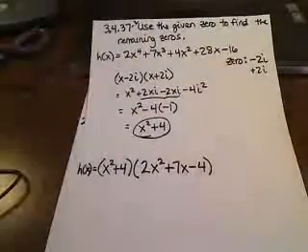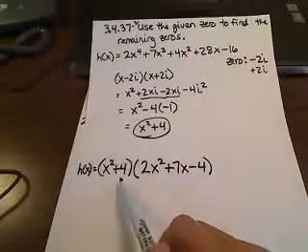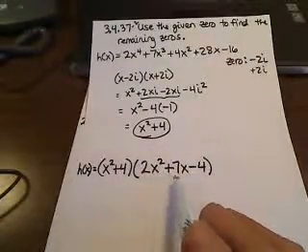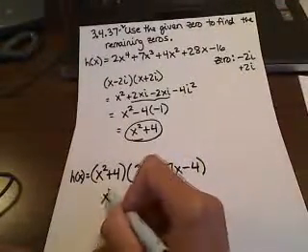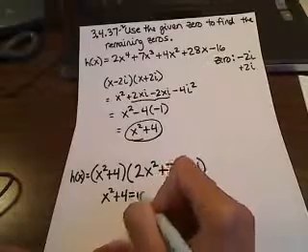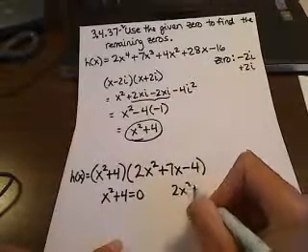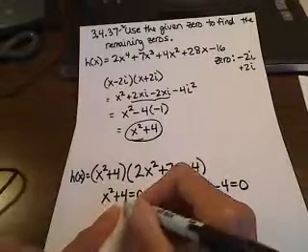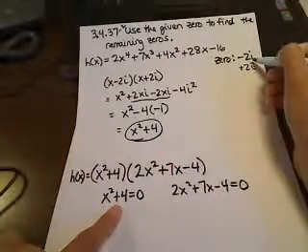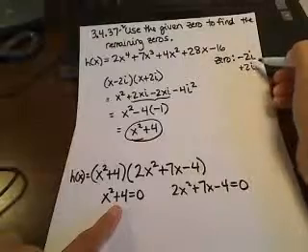Okay, so I'm finding that h of x is going to factor into x squared plus 4 and 2x squared plus 7x minus 4. Now, obviously, when I go to solve this and I'm setting these pieces to 0, this right here, this x squared plus 4, is what gave us the plus or minus 2i. So we don't need to solve that again.